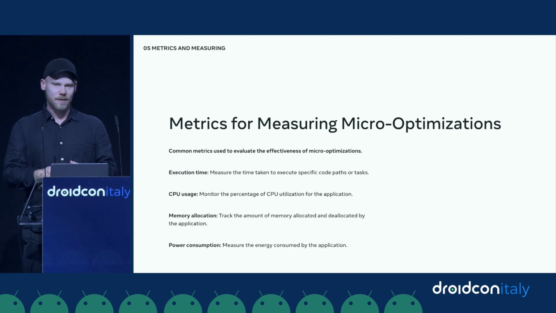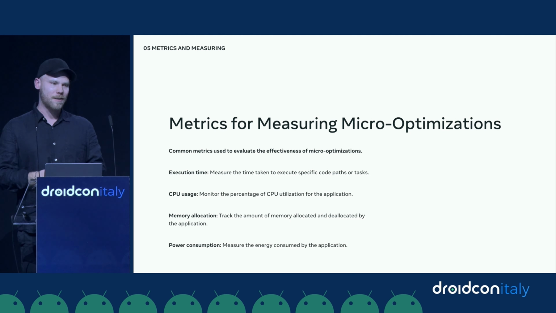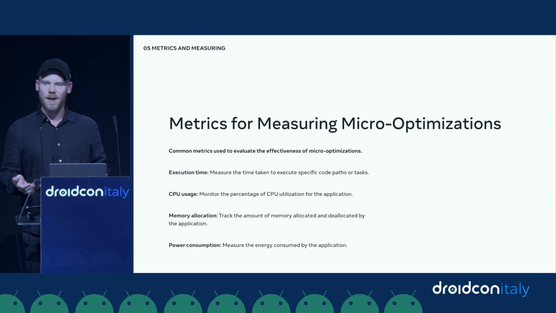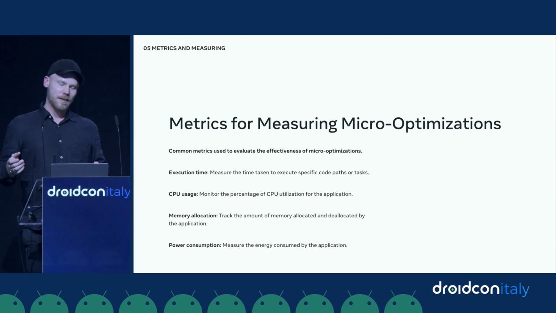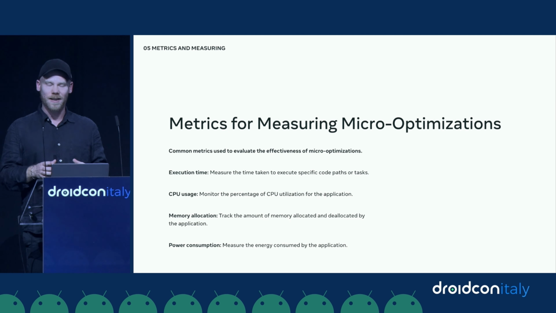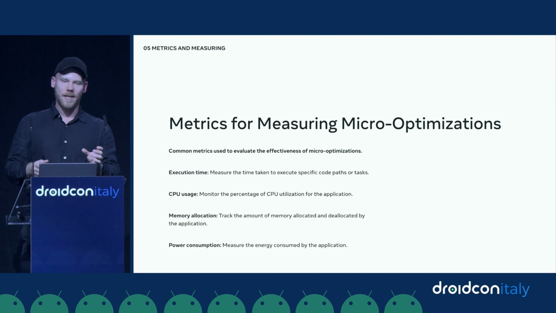Then memory allocation, the classic. Let's go back to the images. How large are our bitmaps that we have in memory? Are we actually downsampling them, downscaling them? Or if we parse a network response and it's quite large, do we have an efficient way of doing that? Or are we allocating space for the same object twice?